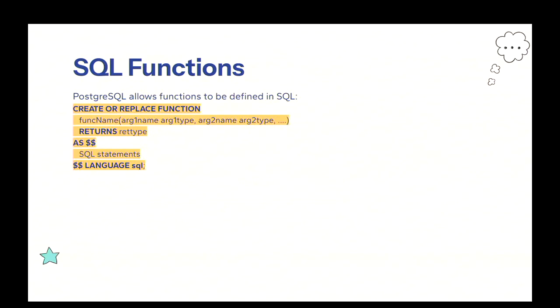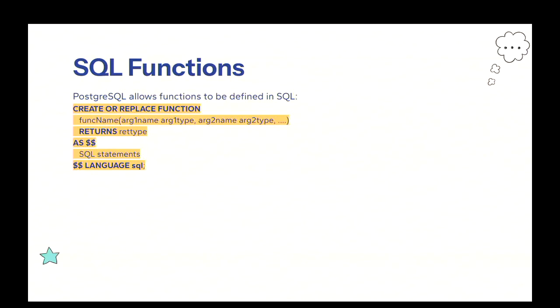So this is the grammar of defining a function. You can omit or replace these two keywords there. So it's like create or replace function followed by the function definition. Remember what you have learned in C. In C language, every function is associated with a prototype, and this prototype is similar here.